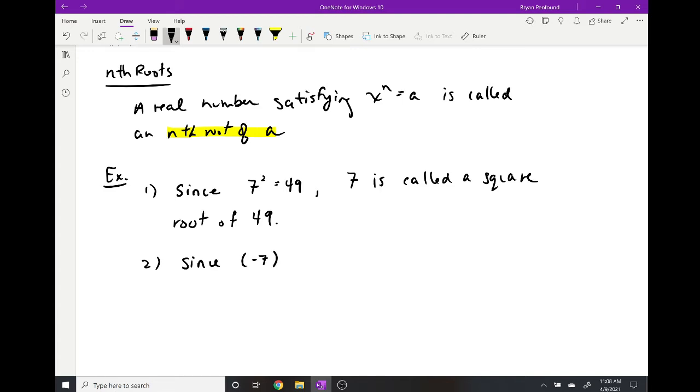Now it's also true that if we take the opposite of 7, negative 7, and we square that, we also get the number 49. So we also could think about negative 7 as a square root of 49 as well.